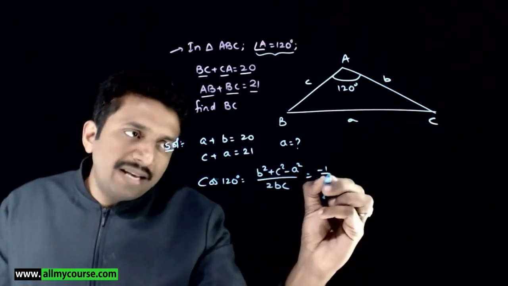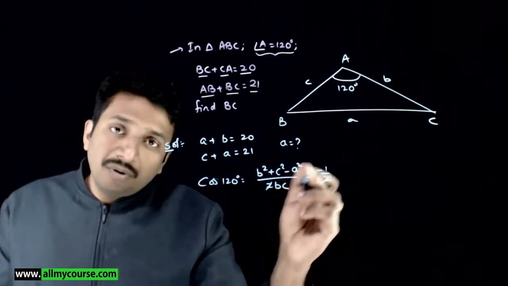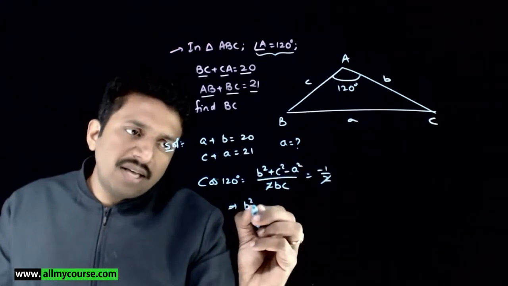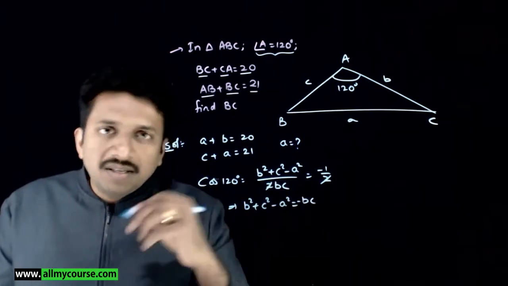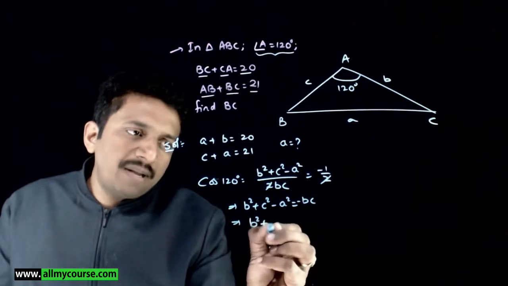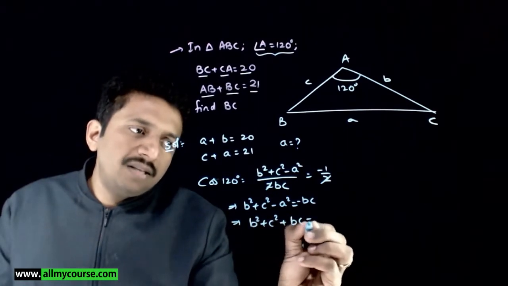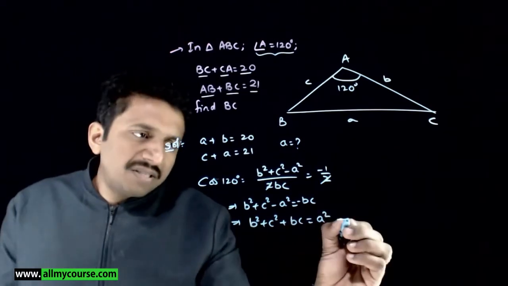So that is equal to minus 1 by 2. This 2 and this 2 get cancelled. So if you cross multiply this, you get b square plus c square minus a square is equal to minus bc. This implies b square plus c square plus bc is equal to a square. So let us keep this information with us.